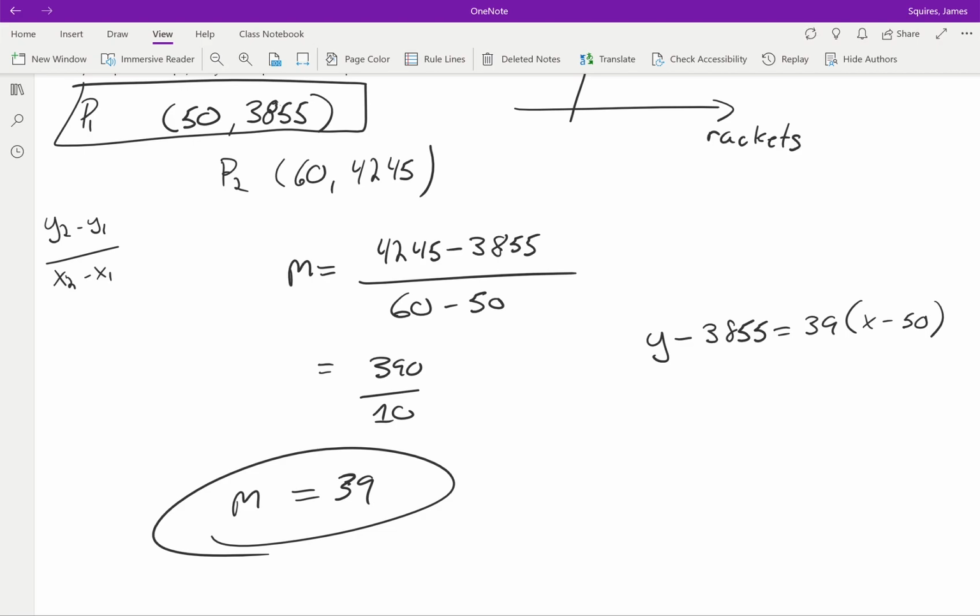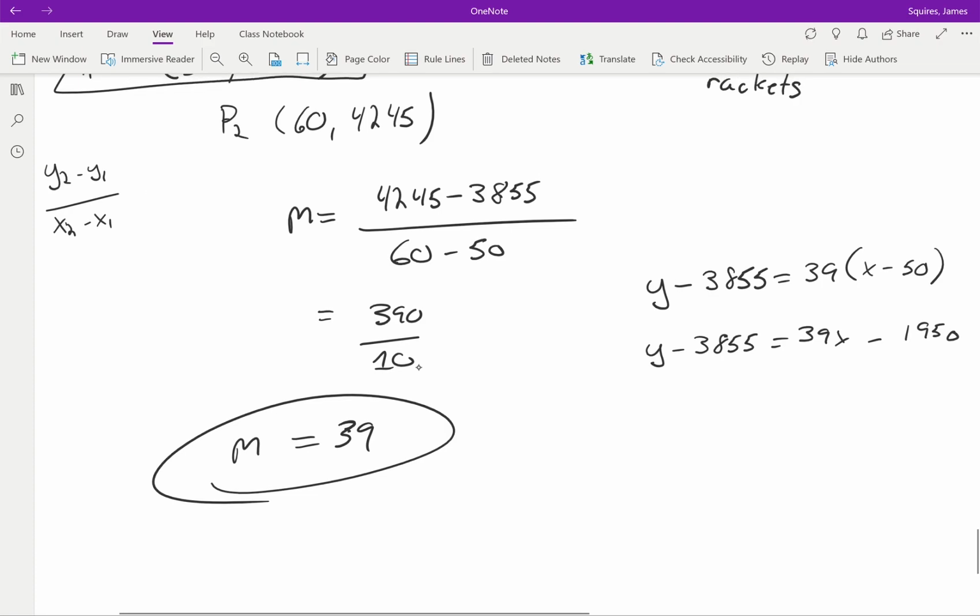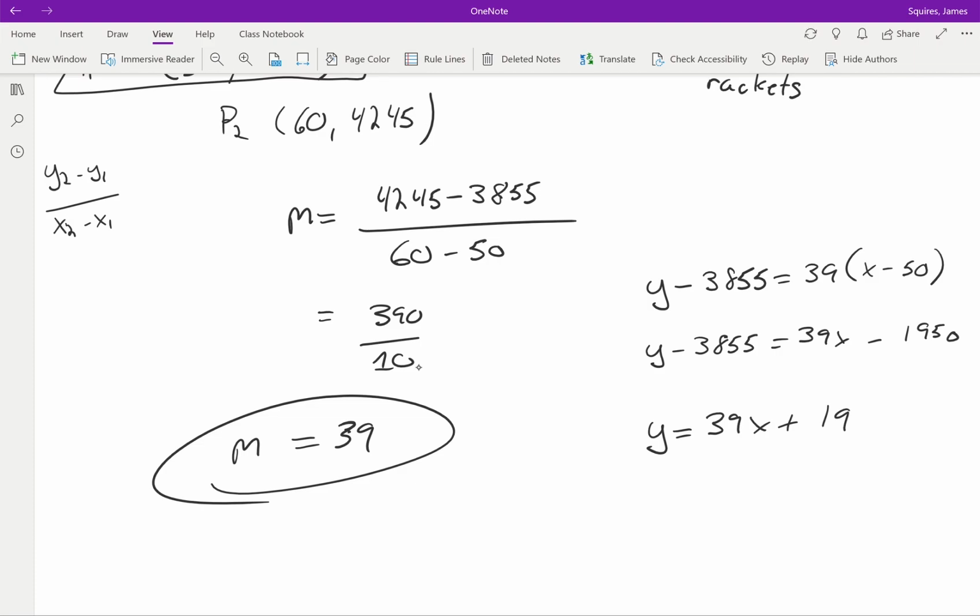We can distribute that 39, so we're going to go y minus 3855 equals 39x minus 39 times 50, which is 1950. We can write this in slope-intercept form by adding 3855 to both sides, and we're going to get y equals 39x plus 1905.